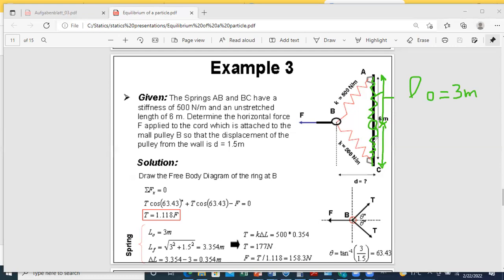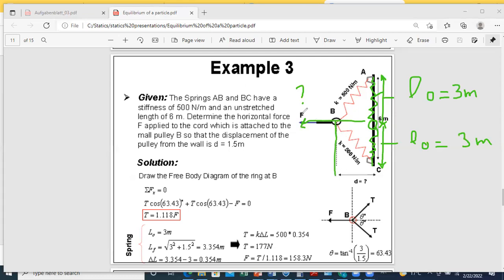Now, they told us that we applied a force on our springs and this force is horizontal. Under the effect of this force, point B will move along the horizontal direction. And we want to find what should be the value of the force F to displace B by 1.5 meters. And just when we reach 1.5, we establish equilibrium conditions.